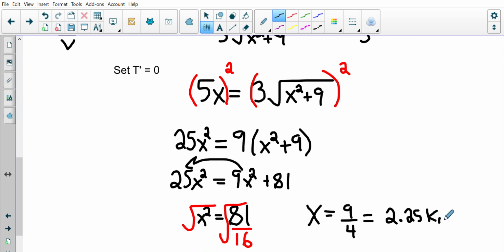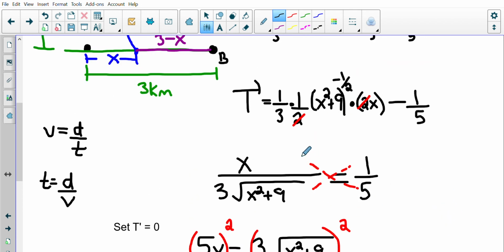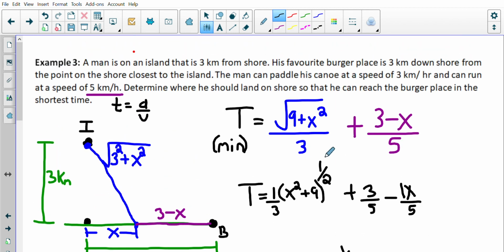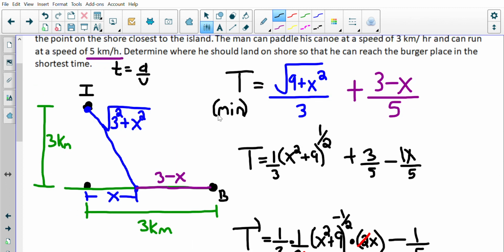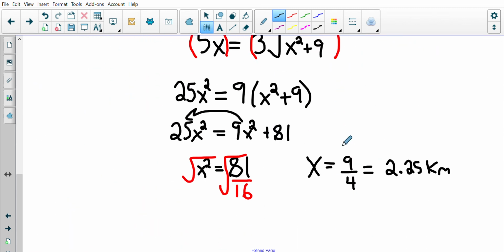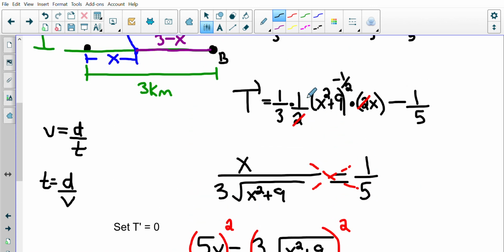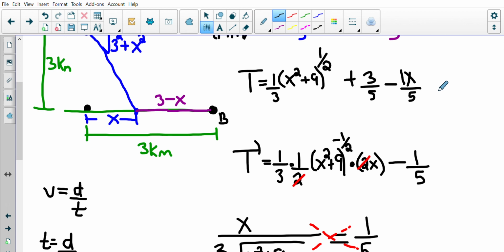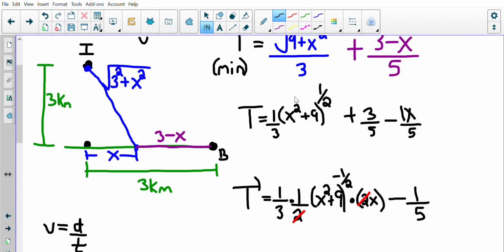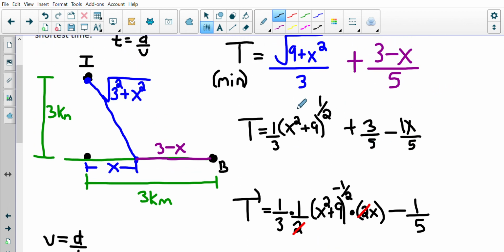Now, I'm not sure if that's what it asks us. What do we get here? Determine where he should land on shore so he reaches in the shortest time. There you go. He should go 2.25 kilometers up the shore to minimize his time. We could also substitute into our equation to find the time if it was asked, but it didn't.